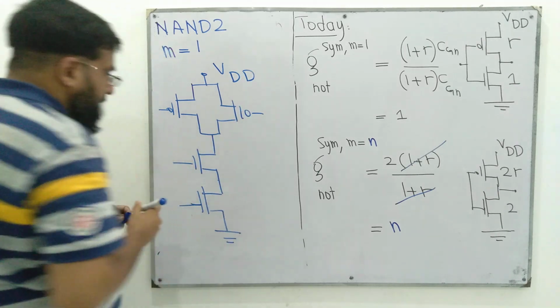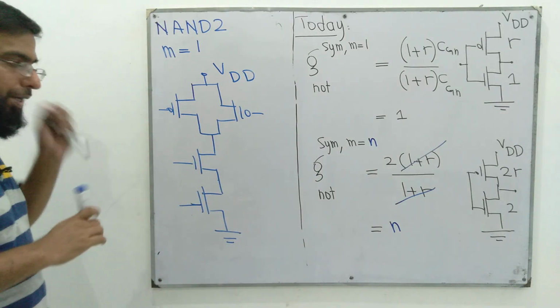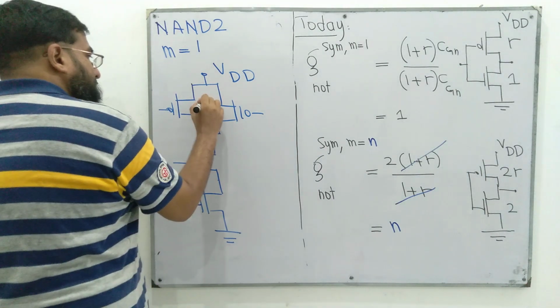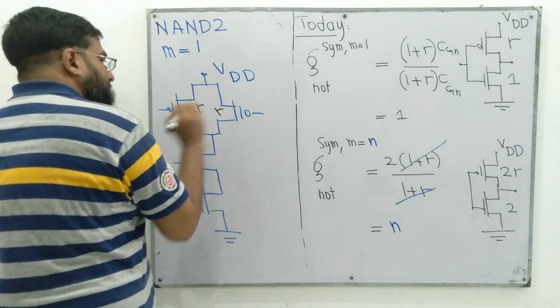And if it is symmetric, we have already studied that these two transistors have to be R.